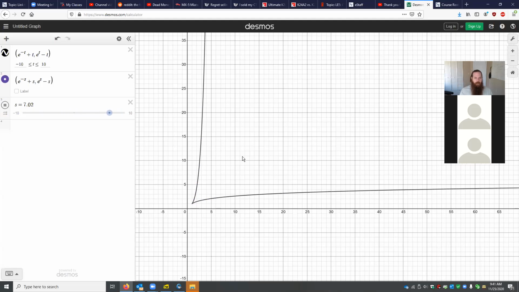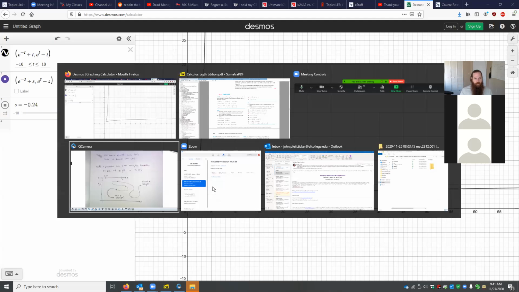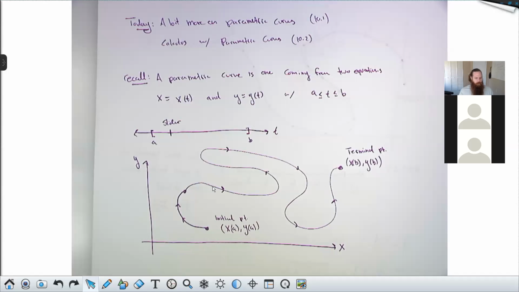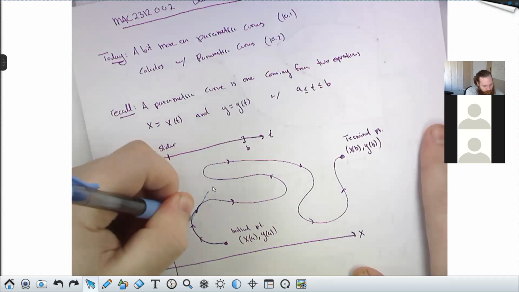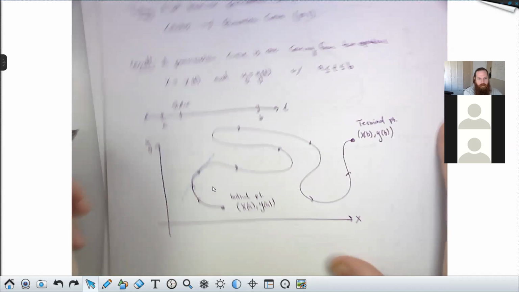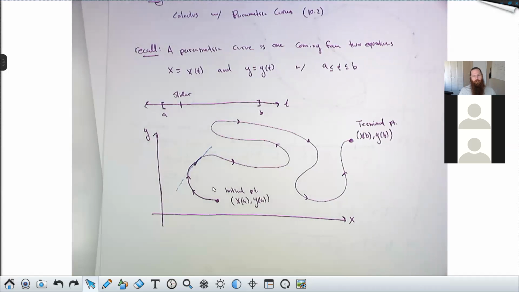What I want to talk about today is how to find the tangent line anywhere along this curve. And the trick to finding the tangent line is really the chain rule. So I'm going to come back to the doccam now. We want to say, you give me some point along this curve. Can I find the equation of the tangent line at any point along this curve?